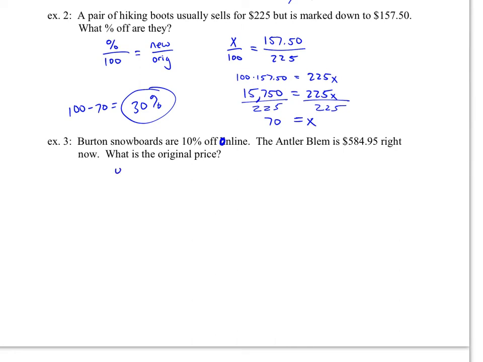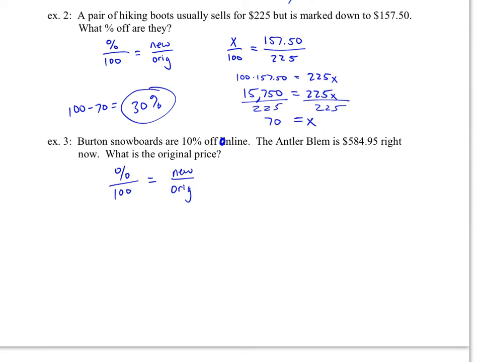So proportion, percent over 100 equals new over original. 90 over 100? Why 90? Because you have to subtract 100 by 10%. So 10% off means you're paying how much? 90.